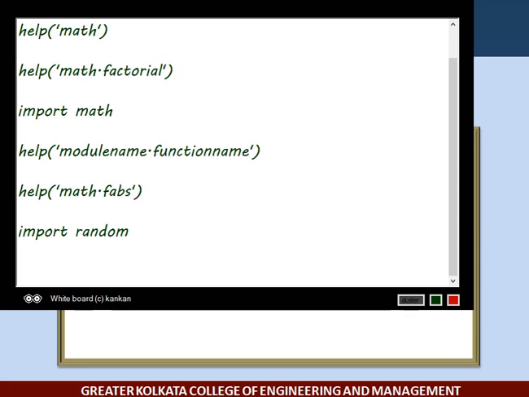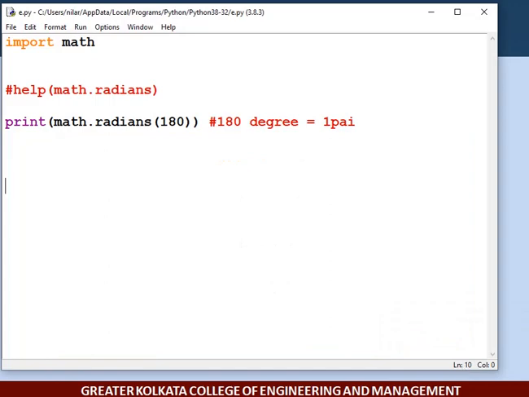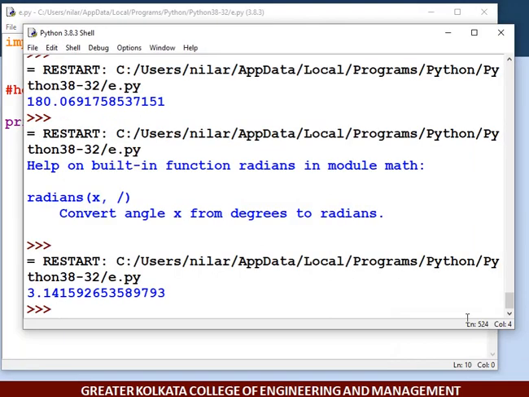There are many random functions. You already know the procedure how we can see them: if you write help and write down the name of the random module, help random module name.